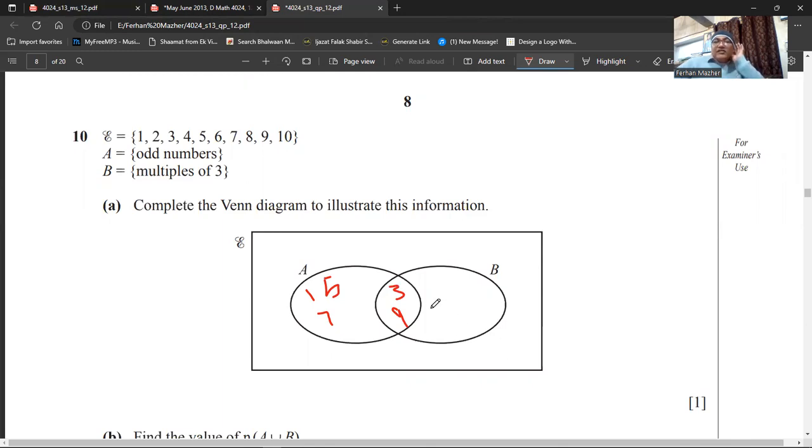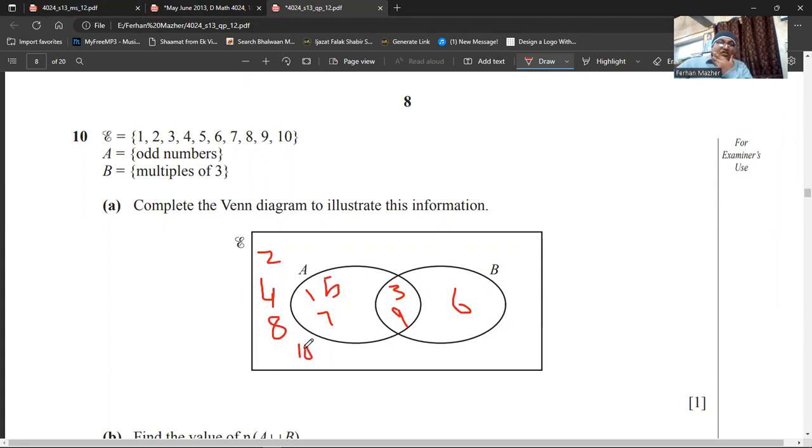And the multiple of 3 here we will have 6. The other numbers which are not here will come here. So we will have 2, 4, 8, and 10.